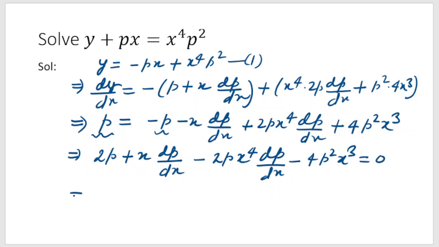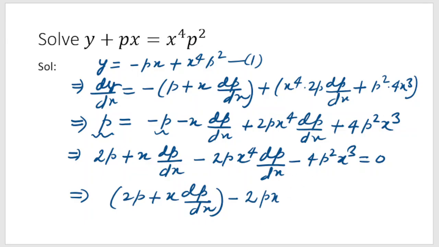Now I think I can take this first term as 2px dp by dx, and from the second, what can be taken common? 2p x cube can be taken common.